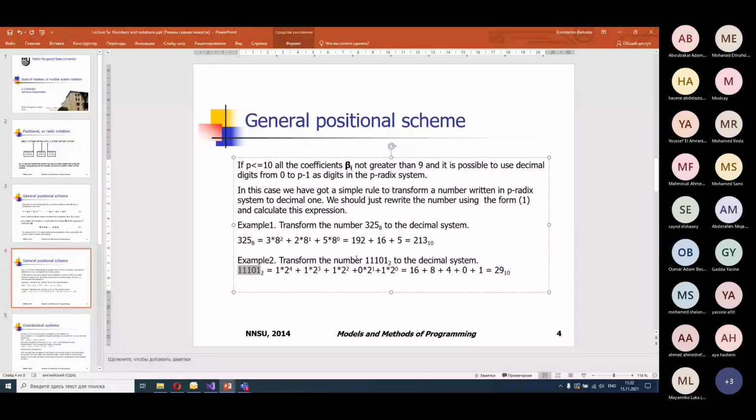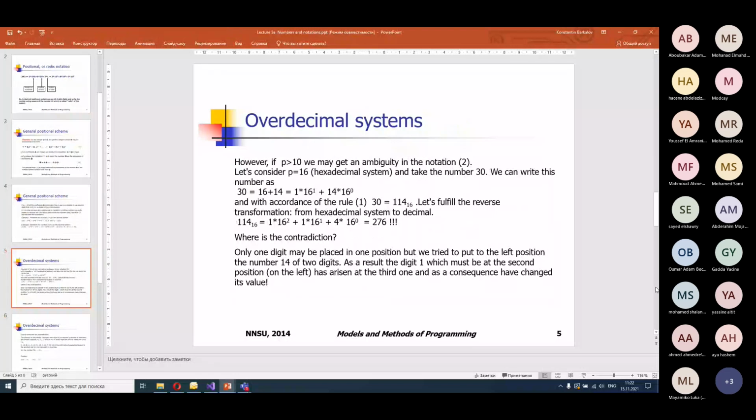Maybe I skip these slides about the hexadecimal system of notation, because I may come back to them when we consider pointers. Or maybe right now.